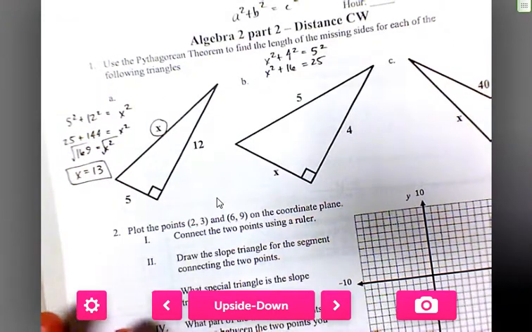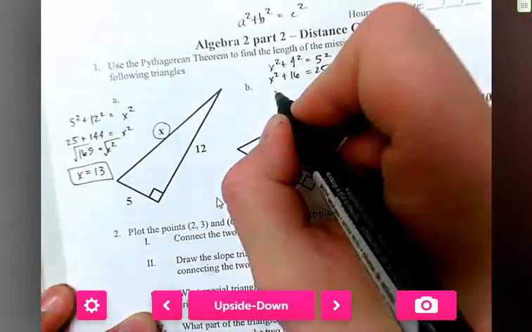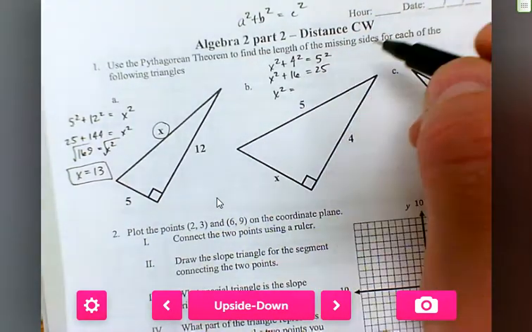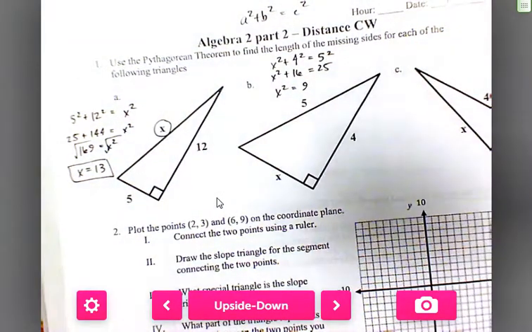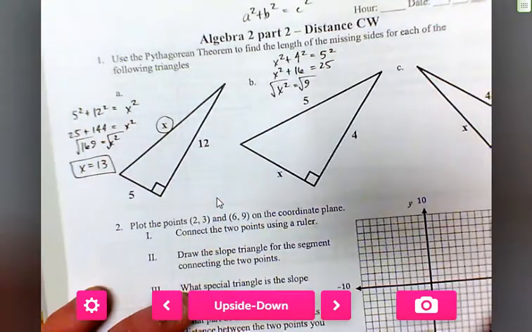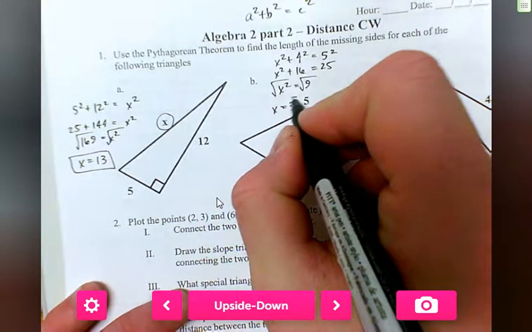Then what? Then you get X by itself. Good. So X squared is equal to 25 subtract 16, which should get 9. And then to get X by itself, we take the square root of X squared and the square root of 9. 3. Good. X equals 3.